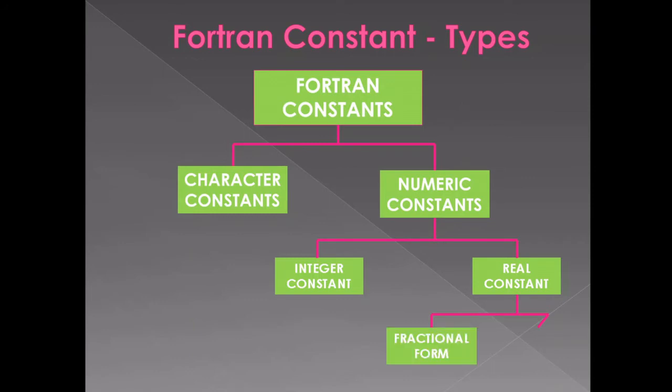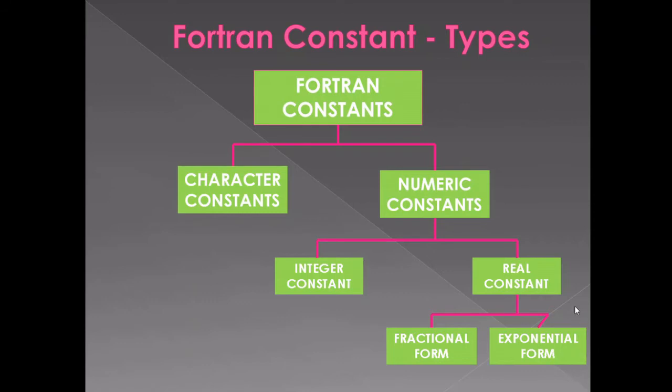It can be in the fractional form or exponential form. Now let us see what these different Fortran constants are one by one. So this is the broad classification. Fortran constants can be character or numeric. Numeric can be either integer or real. Real can be of two types: fractional or exponential.